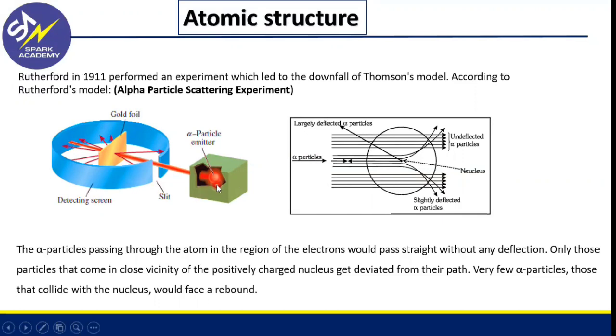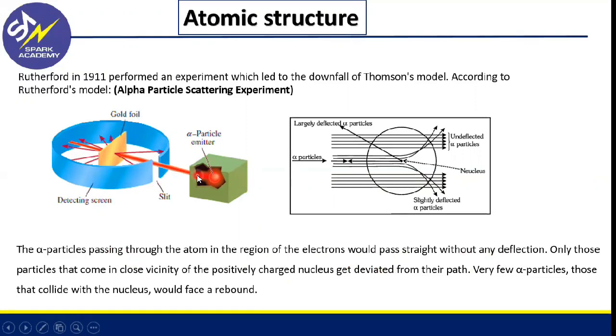When he passed them through the slit, he observed that most of the particles passed through, but a very small number were deflected back. They were detected on a circular screen coated with zinc sulfide, and he observed that whenever particles passed through the center, they were deflected. The alpha particles that passed straight without deflection might be electrons, and very few alpha particles were deflected.